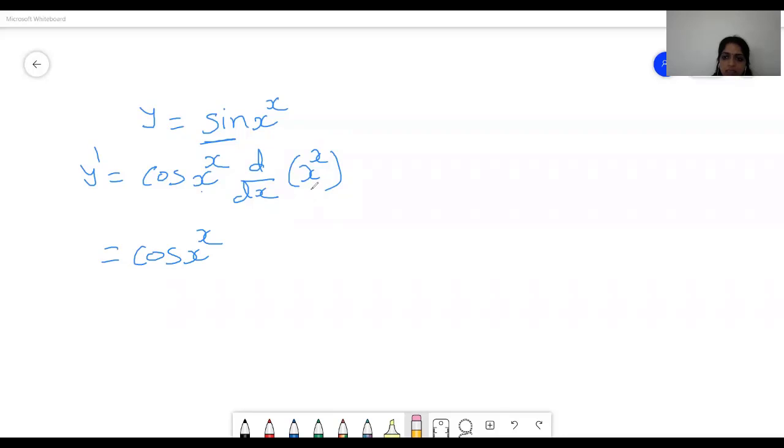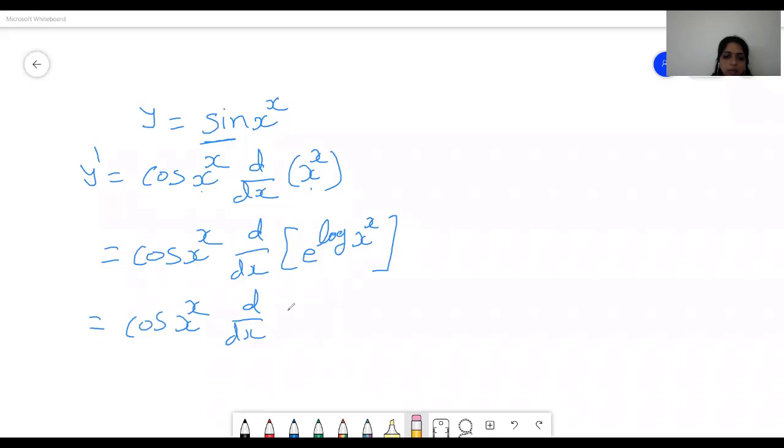Here, the base is in the form of x, and the power is also in the form of x. So I am going to write this x raised to x in the form of e raised to log x raised to x. Right? So cos x raised to x, here d by dx, I apply the logarithm rule, that is e raised to x log x.